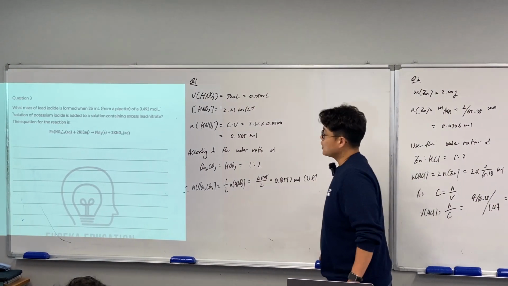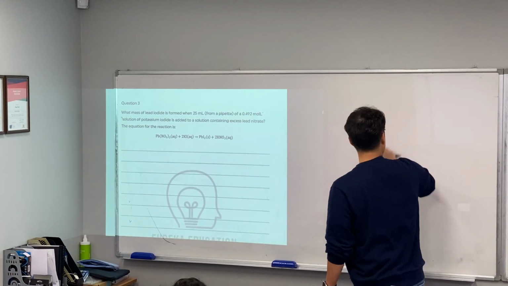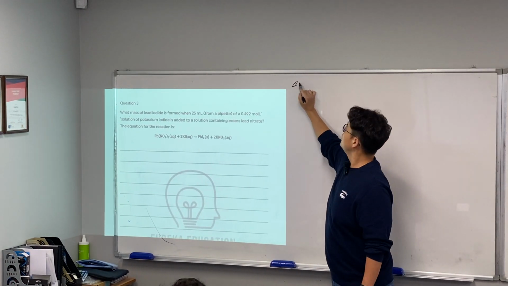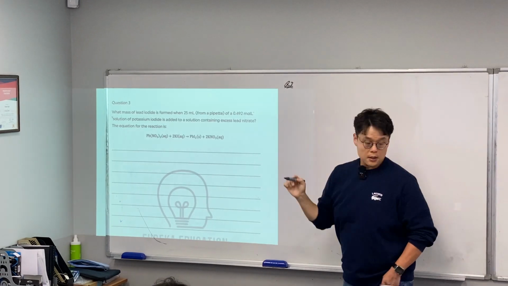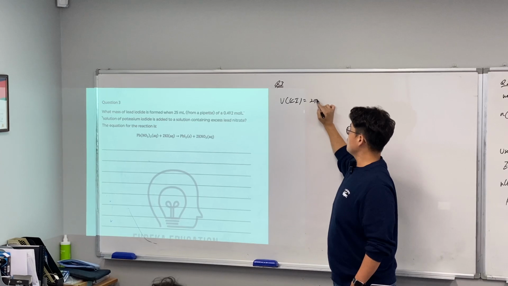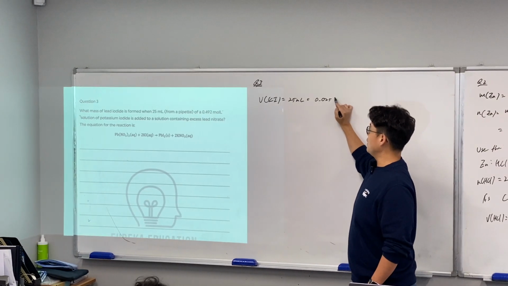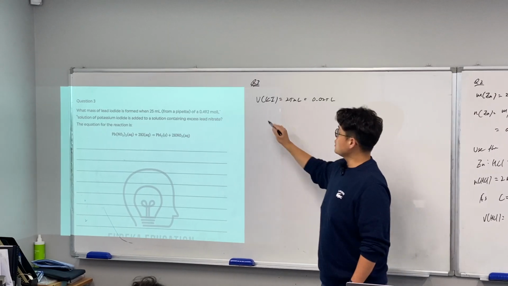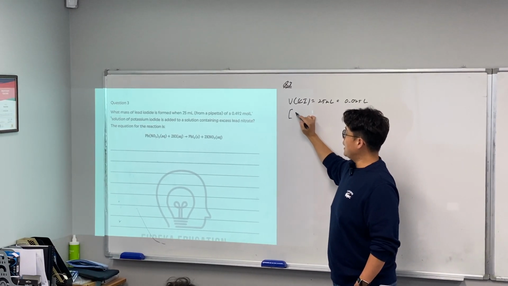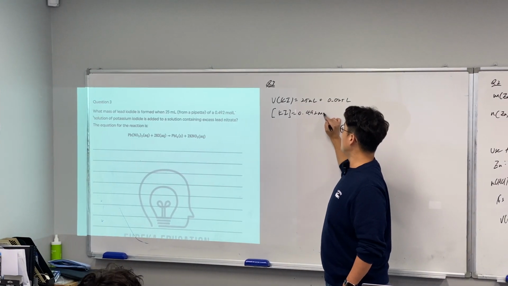So where should we start? We got to write it over here. Question 3. Start with the volume of the potassium iodide. You're given 25 milliliters using a pipette. That's basically 0.025 liter. The concentration of the potassium iodide is given as 0.492 mole per liter as well.